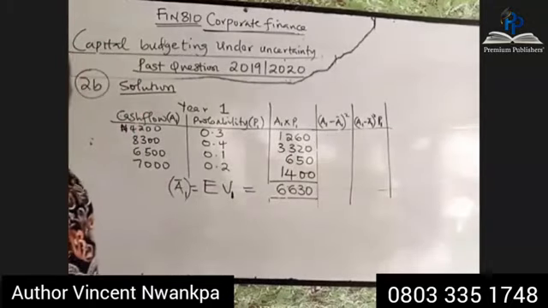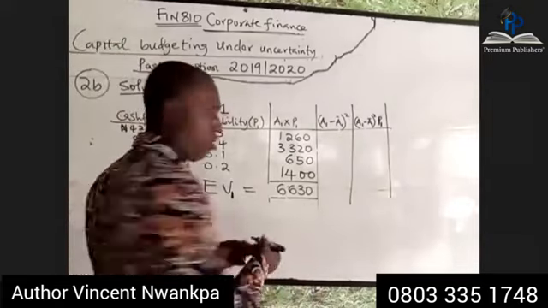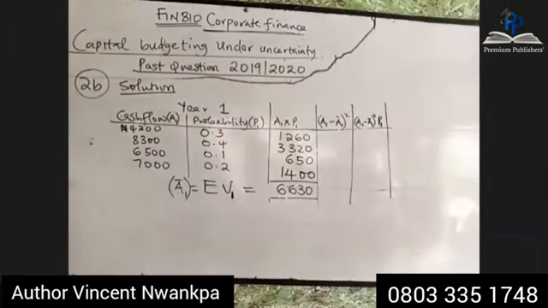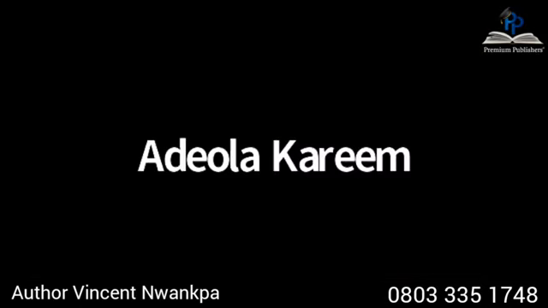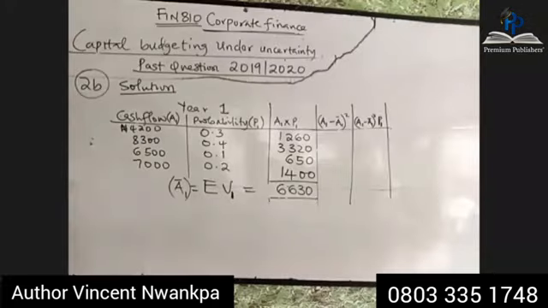We should have a value. 4,200 minus 6,630, we have a value raised to the power of 2.